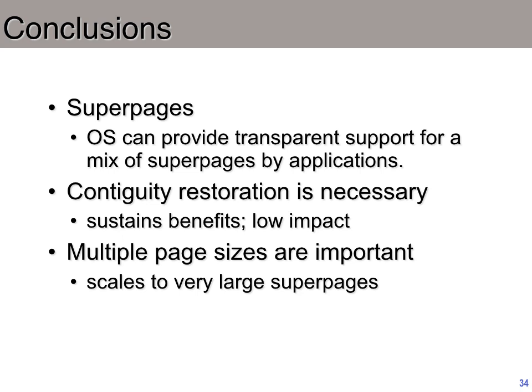And it turns out that fragmentation control or contiguity restoration is a very critical part of their mechanism. If you don't have contiguity restoration, then over time the memory will get more and more externally fragmented at superpage granularities, and there will be fewer and fewer benefits. And they also showed that using multiple page sizes is important. A single superpage size may not work well for all applications, right?